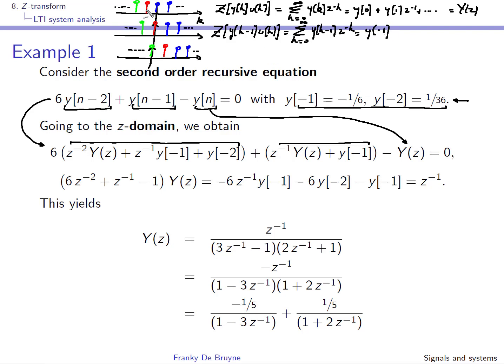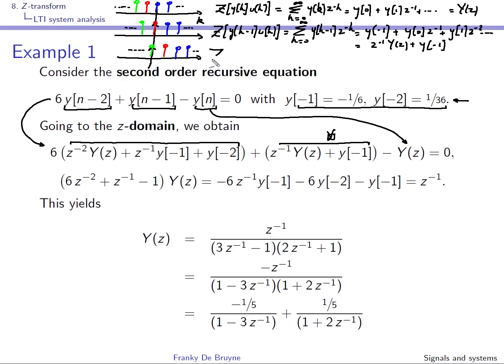The red one that is over here has been moved to this position, so it's multiplied by z^0, but it's obvious from this formula, plus the term that corresponds to k equal to 1 now, y0 z^-1, plus the term that corresponds to k equal to 2, y1 z^-2, etc. If you compare with what you see above, this is z^-1 Y(z), and you have to add this term over here. So this is indeed correct.